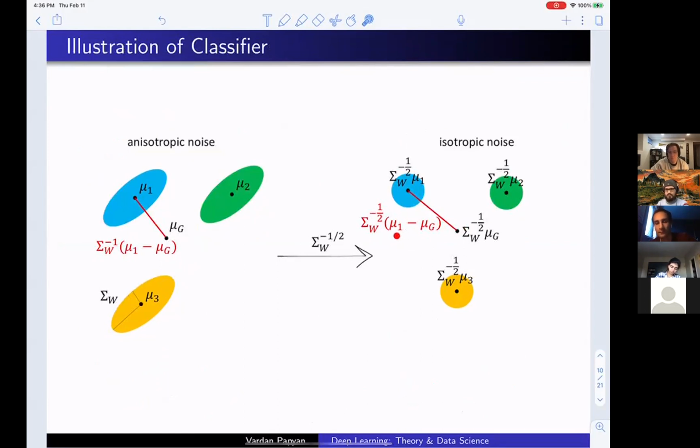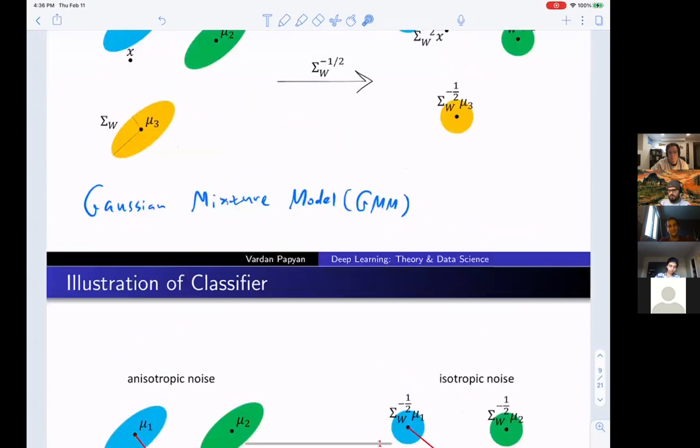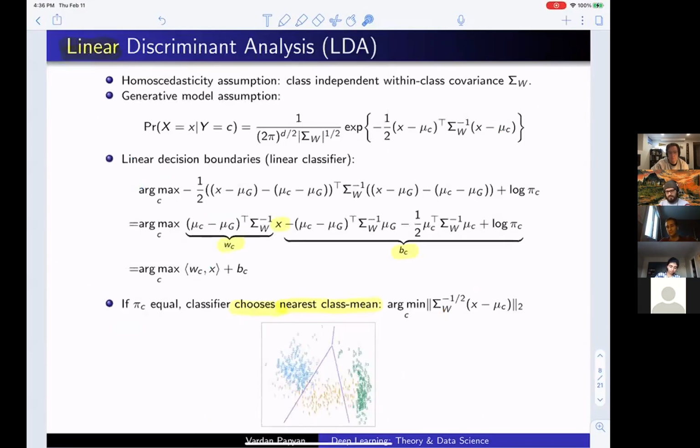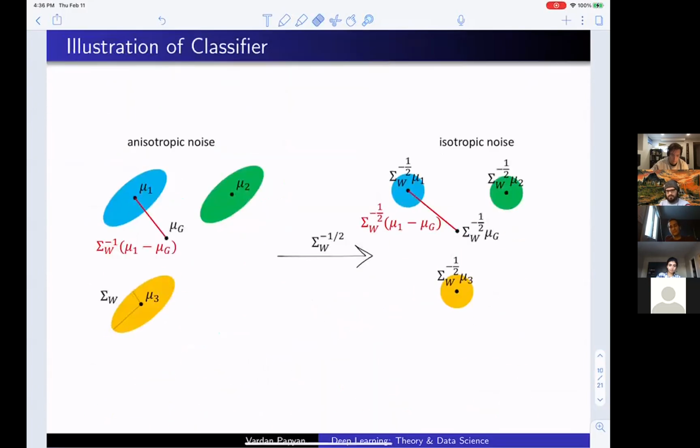So it's mu1, which is the class mean of the first class, minus the global mean, multiplied by sigma within to the minus half, right? If you look a couple of slides beforehand, notice how here we had mu c minus mu g multiplied by sigma to the minus 1 multiplied by x, right? So the linear classifiers are of this form. And so here you can see the same type of form.